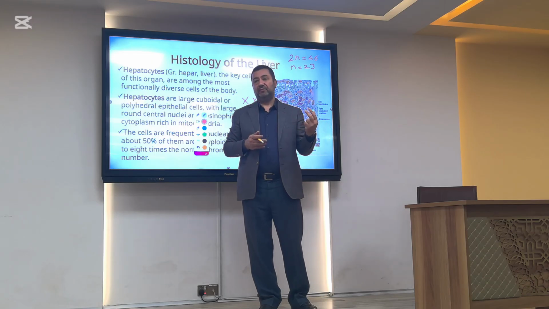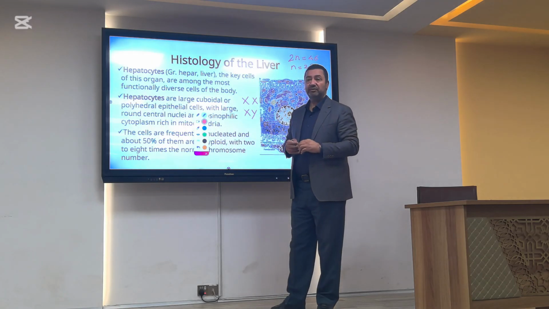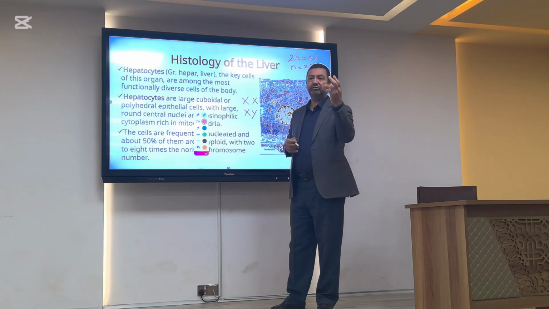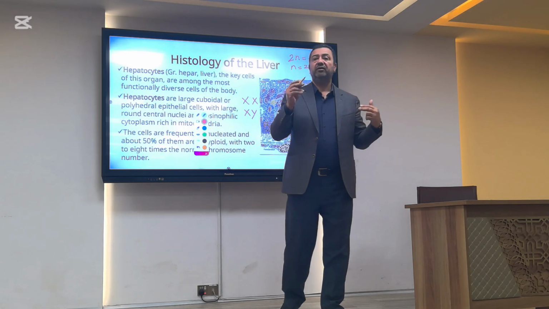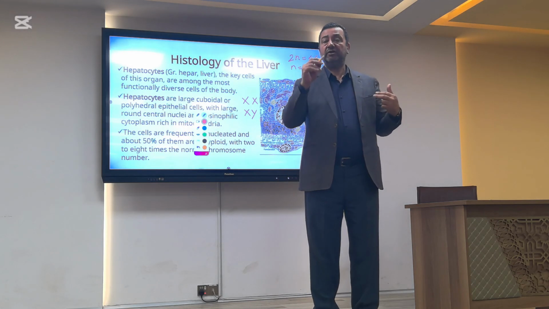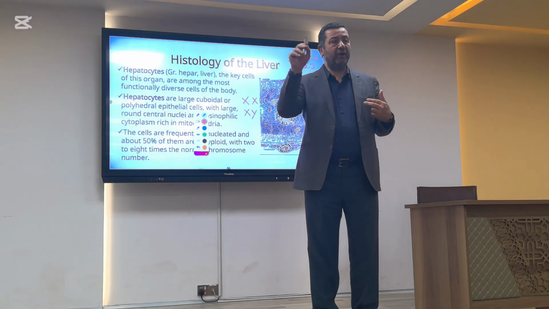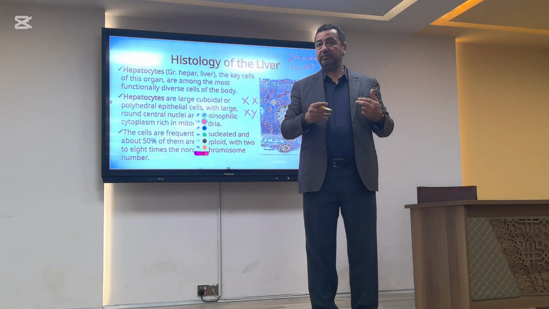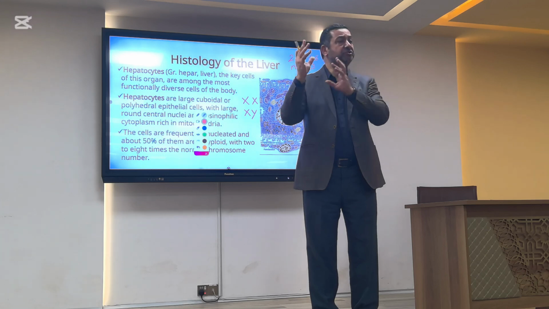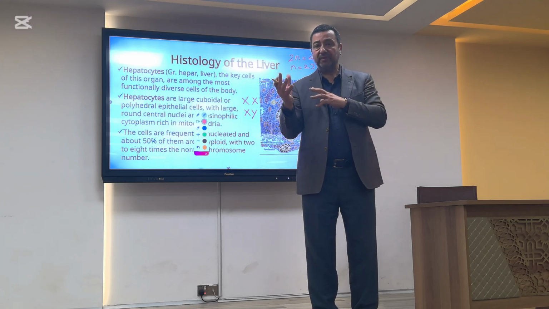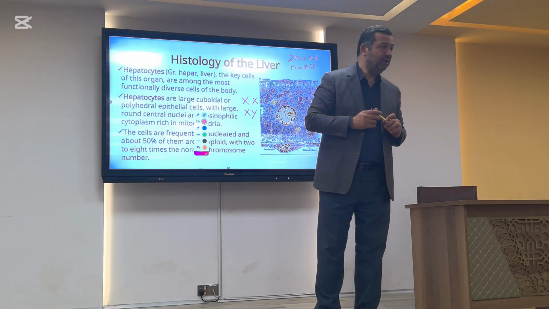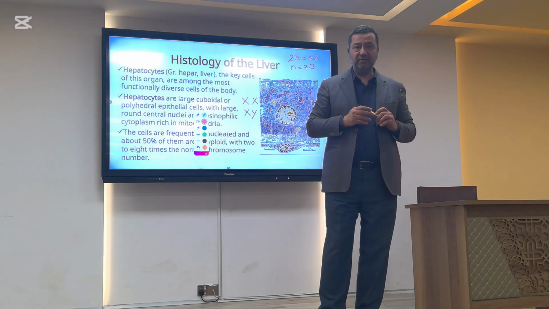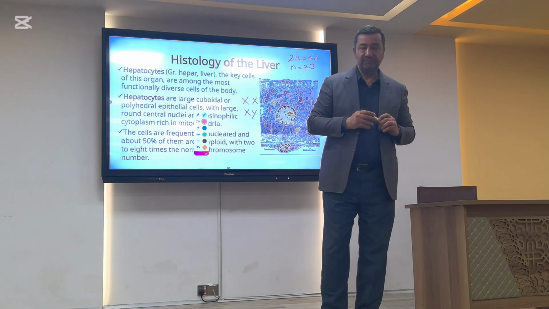If instead of 23 multiplied by 2, or 46, or 2n chromosomes, each cell has, for example, 3n or 4n, that is 23 multiplied by 3 or by 4, this condition is called polyploid. Is it clear?